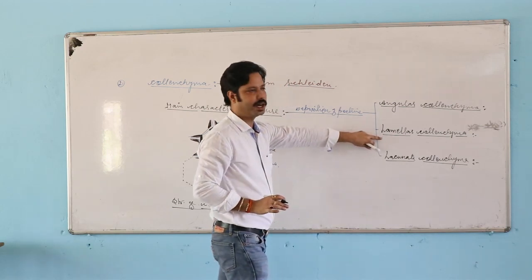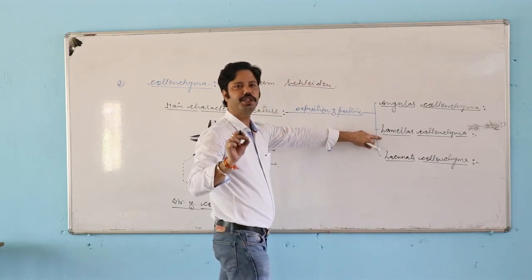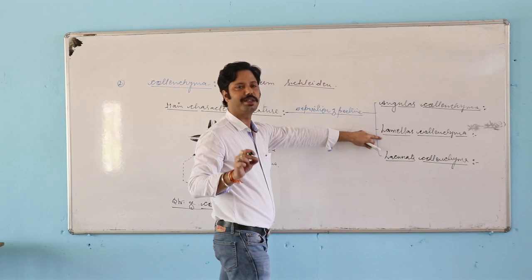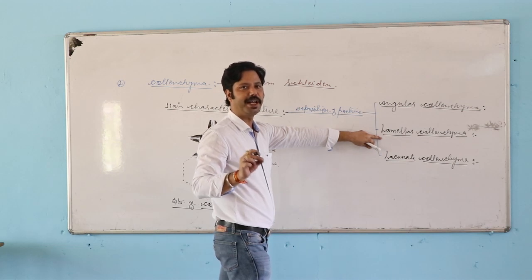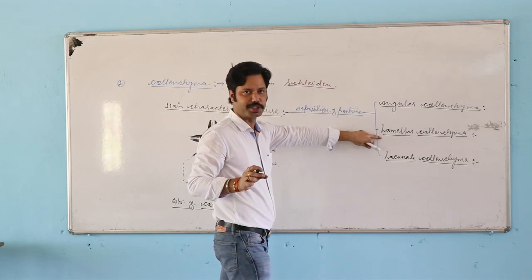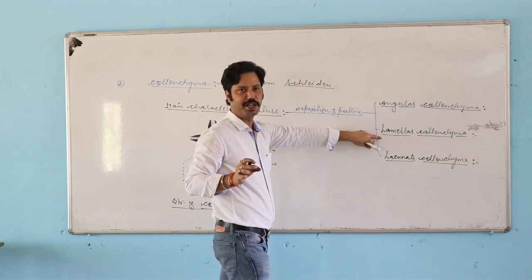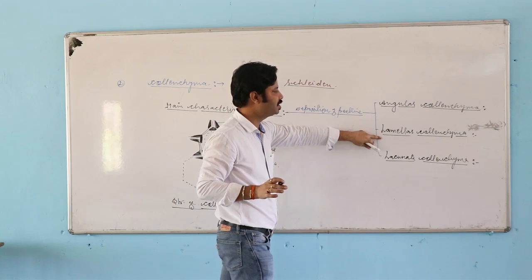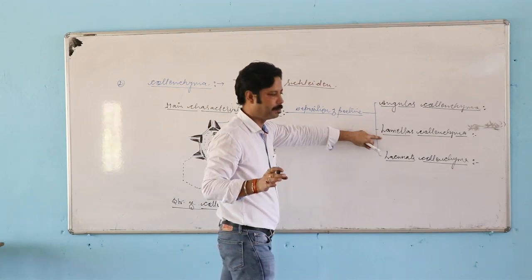In laminar collenchyma, the deposition of pectin takes place in the manner of plate. Here the pectin is deposited in plate-like manner. So this is laminar collenchyma.